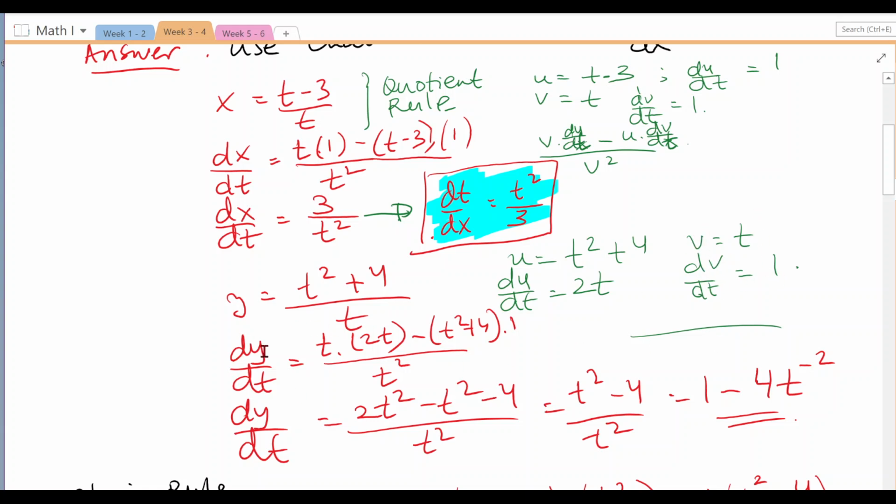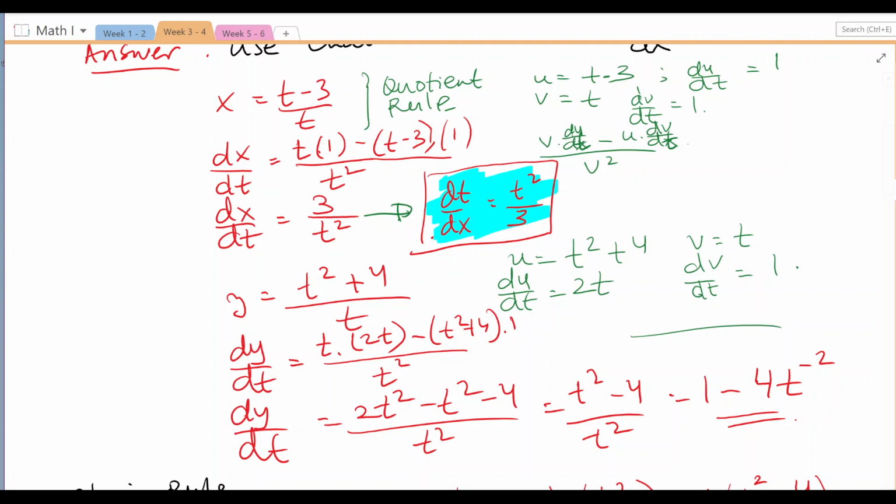Plugging the values into the formula, dy/dt equals v, which is t, times du/dt, which is 2t, minus u, which is t squared plus 4, times dv/dt, which is 1.